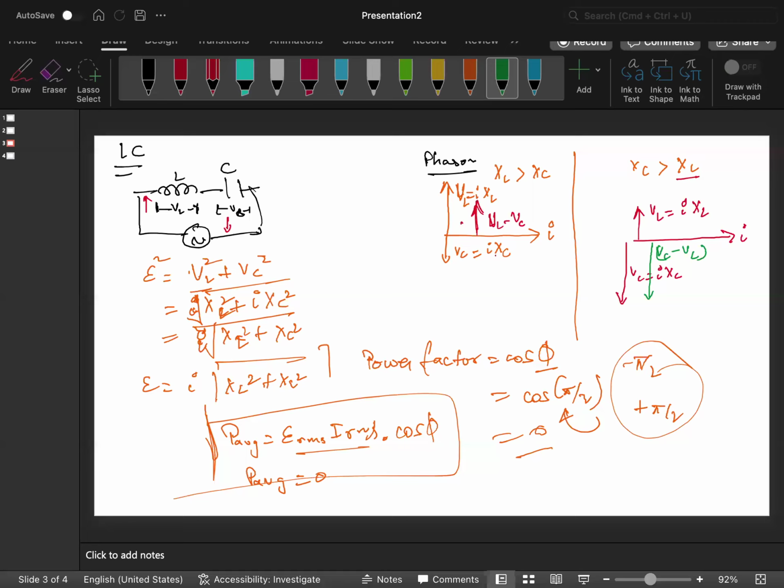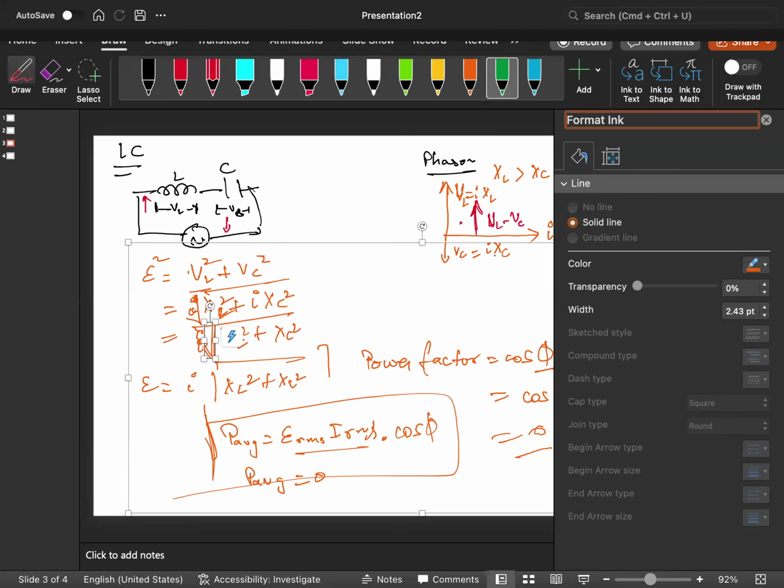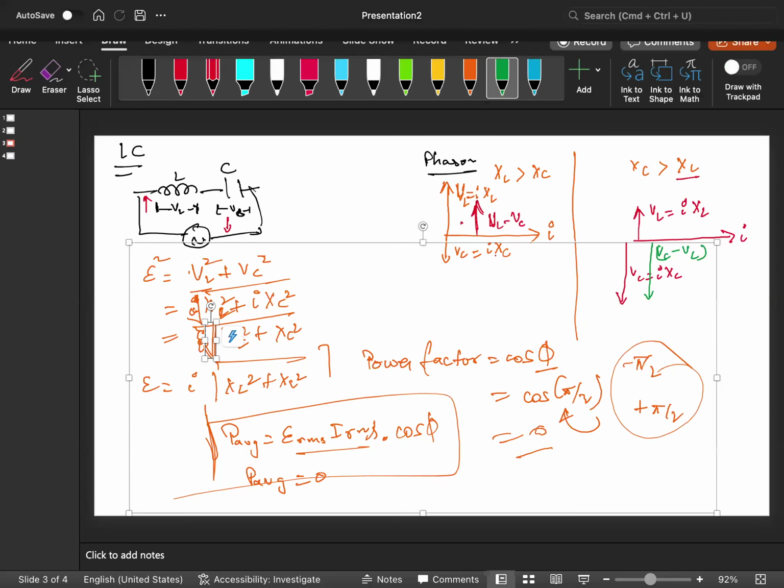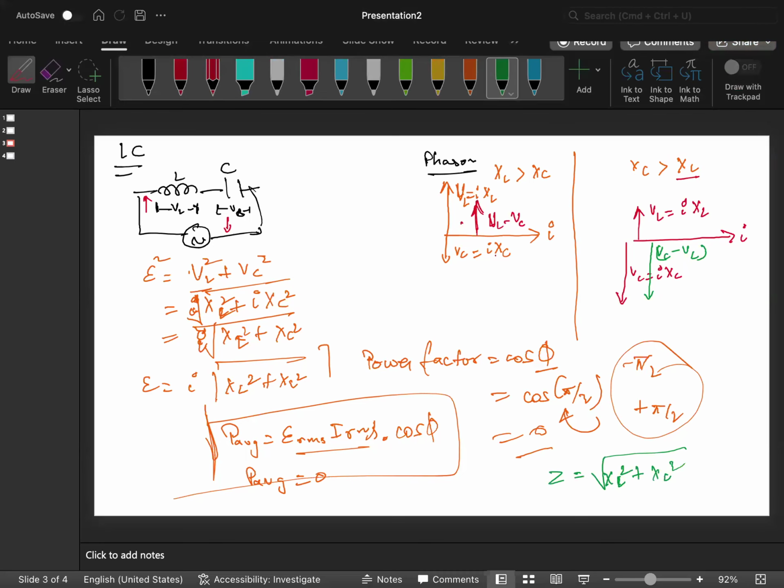Acha, if I ask you what is the impedance of the circuit, you can see this impedance, right? Only this part is the impedance of the circuit. Z equals XL square plus XC square. This is the impedance of the circuit. And one more thing here, in both cases the angle is this.